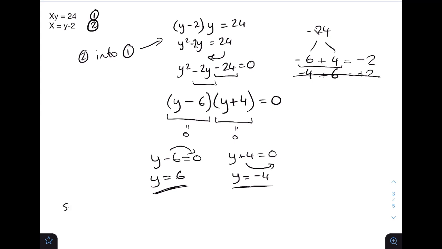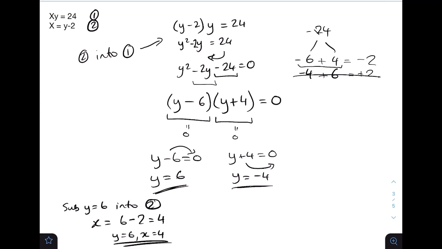So sub y equals 6 into equation 2, as it's the easiest one out of the two to sub it into. So then we have x is equal to 6 minus 2. Well, that's equal to 4. So when y is equal to 6, x is equal to 4. That's your first solution.